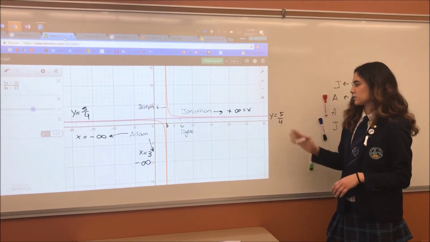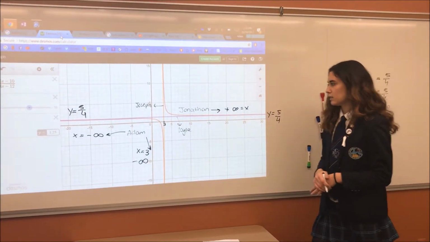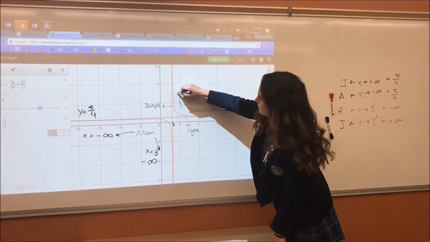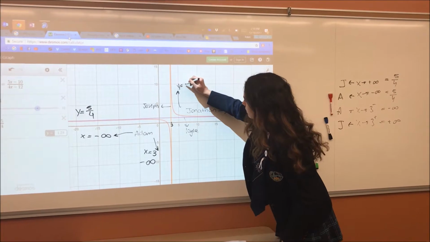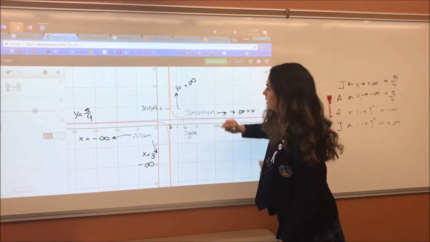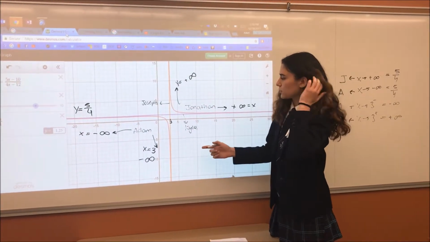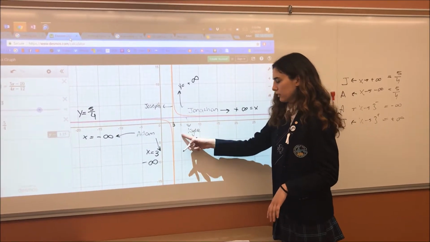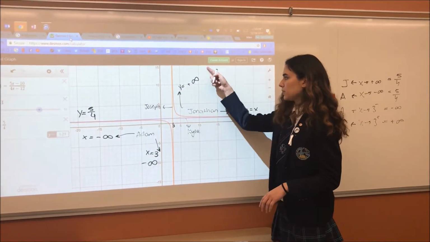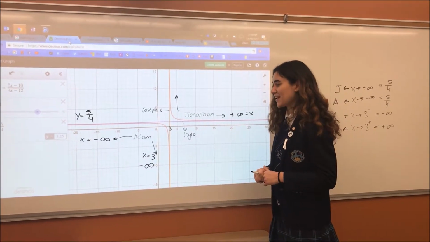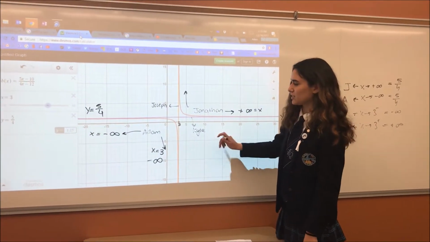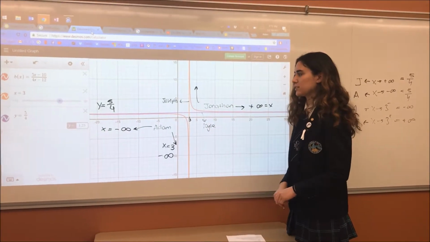So he will never reach this point. And then as he's going up to y equals positive infinity, he will try not to crash with Joseph at 3. So as he's going up, his limit is going to be x equals 3. So he will never reach x equals 3.